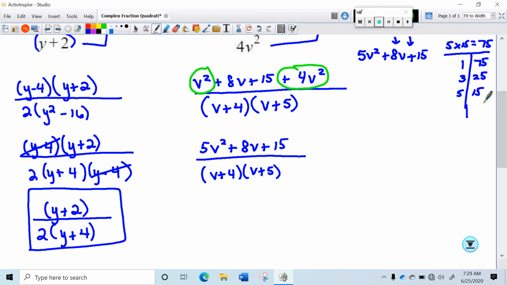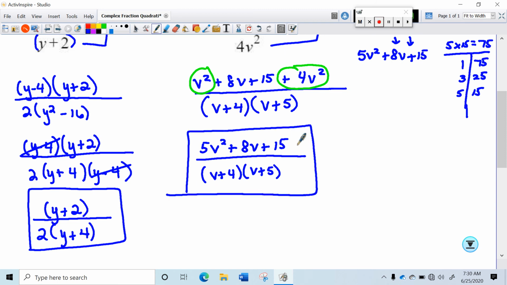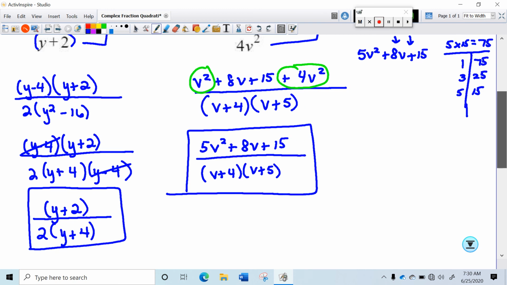And 15 we've already got. Okay, we want to see which combinations add up to 8. There are none. If there are none, that means this original one cannot be factored. So this is actually the final answer. So you do have to check any trinomials to see if they can be factored. If they can't, leave them alone.